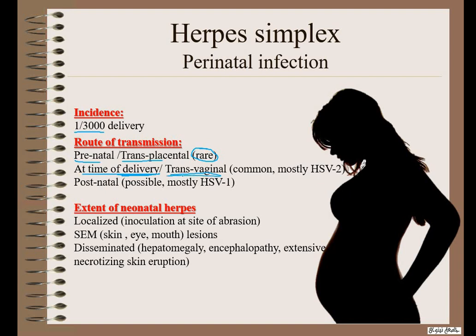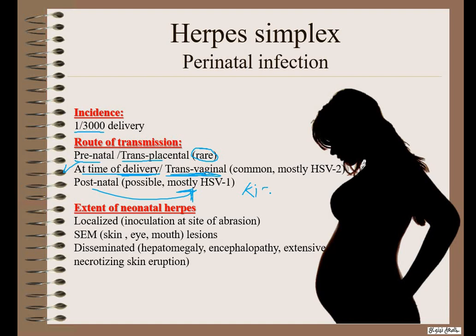Once the baby passes through the vagina, he may get the virus, and in this condition it is usually herpes simplex virus 2. The other way of getting the infection is in the postnatal period, possibly from the mother, and in this condition it is usually herpes simplex virus 1.